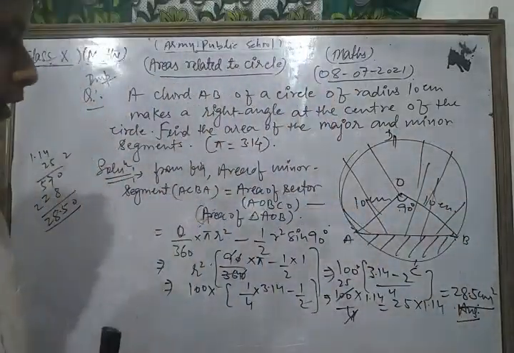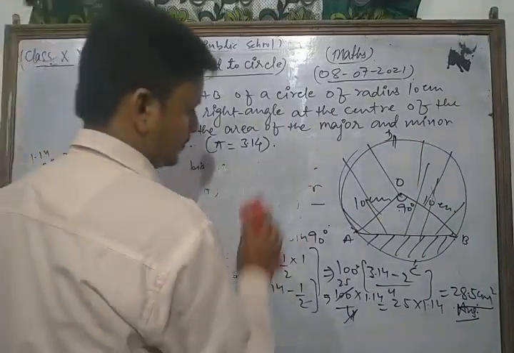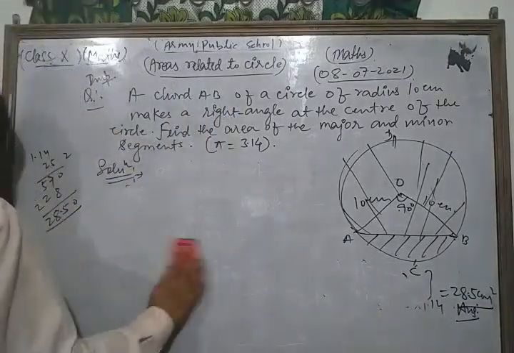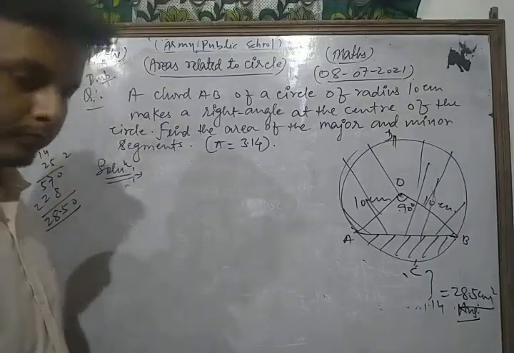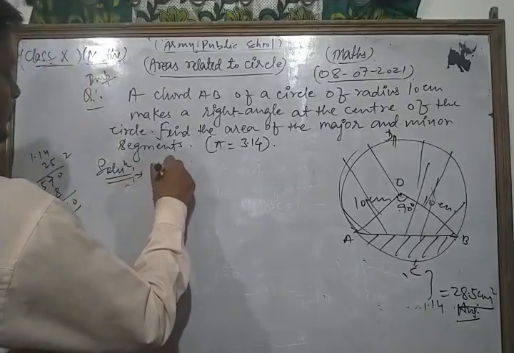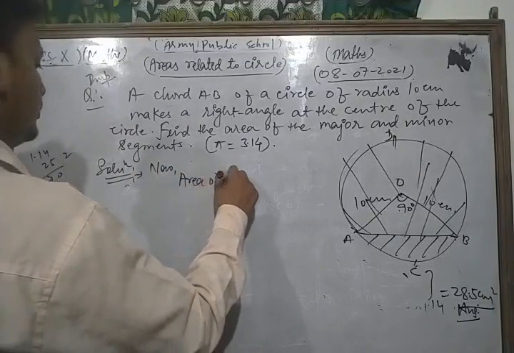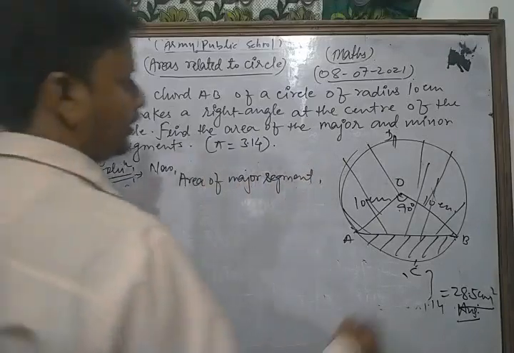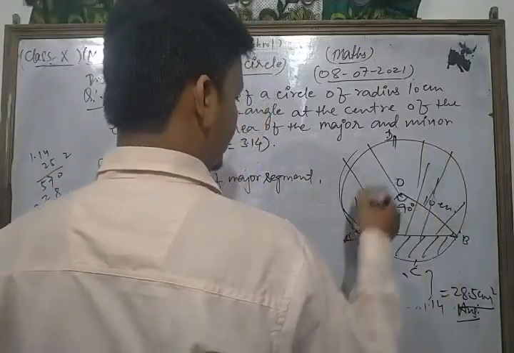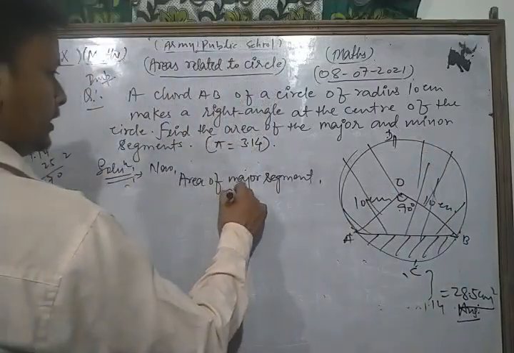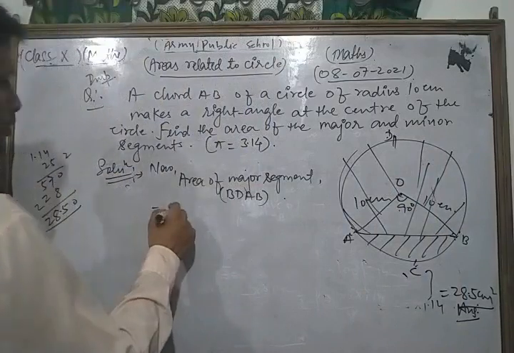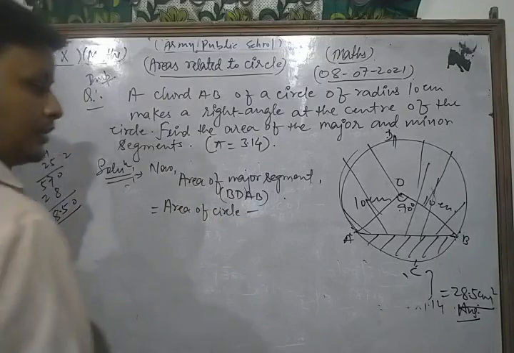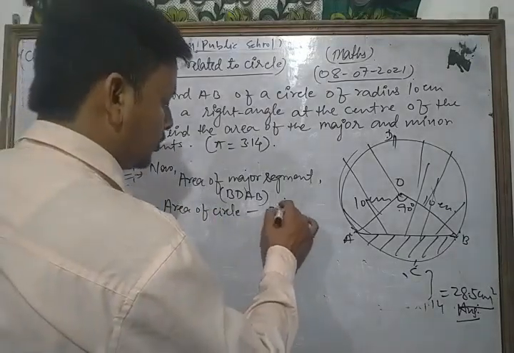Now, area of major segment BDAB is equal to area of circle minus area of minor segment, 28.50.